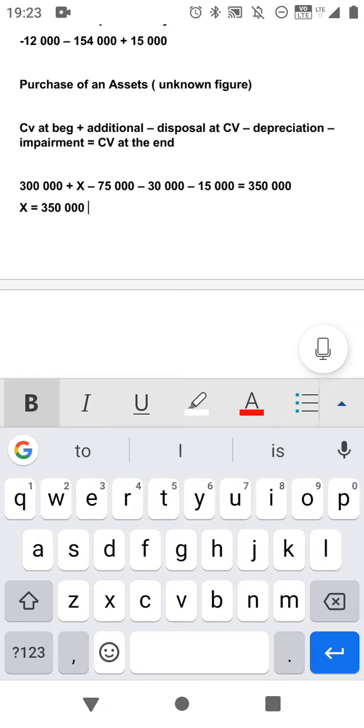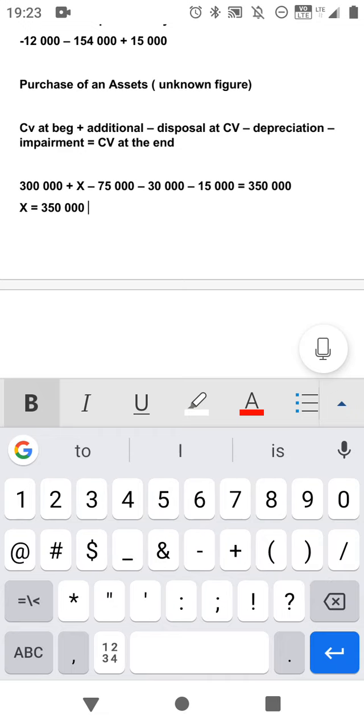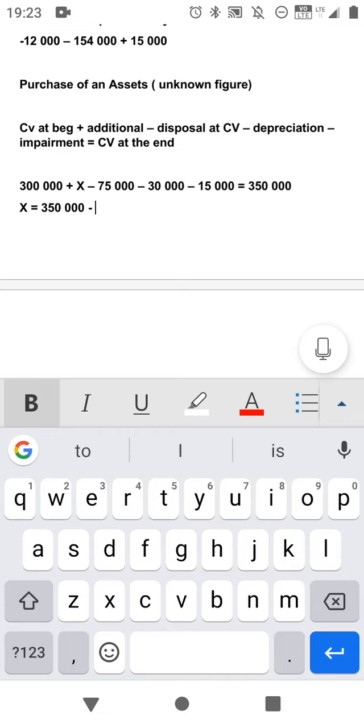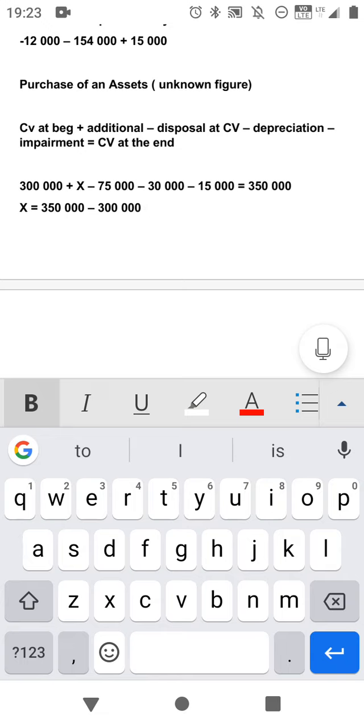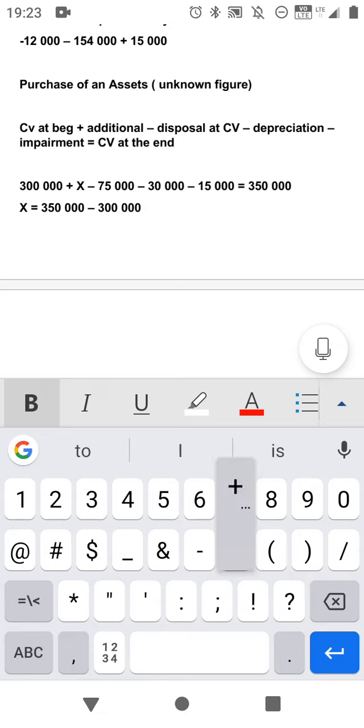Anything that moves after the equal sign has to change a sign. Remember, we have 350 on the left, which is going to the right side. Now it has to go with a minus 300,000. Then we have negative 75,000, which means now we have to add it.